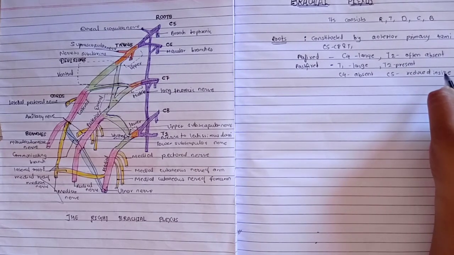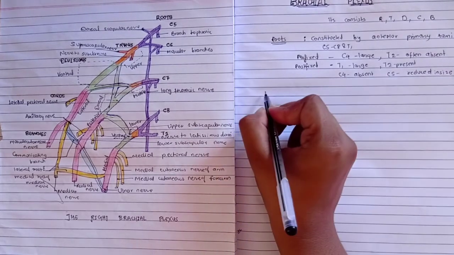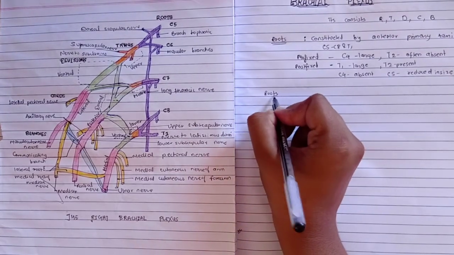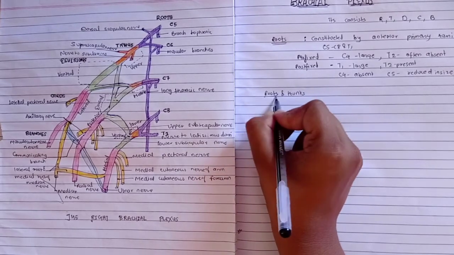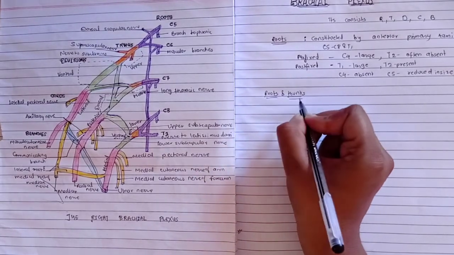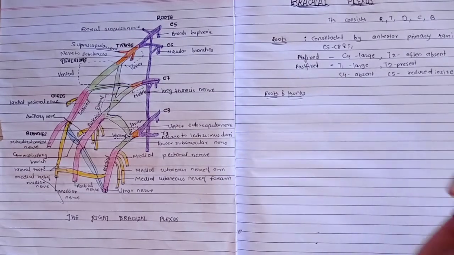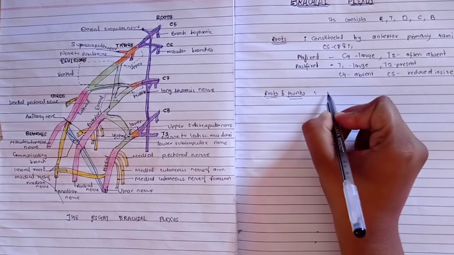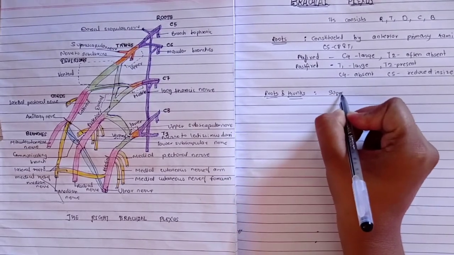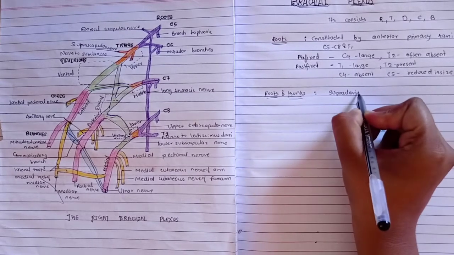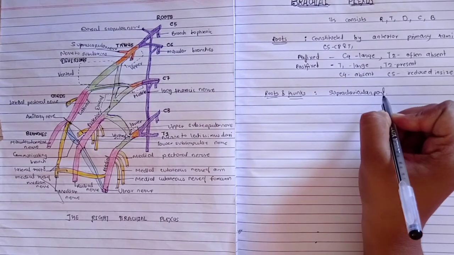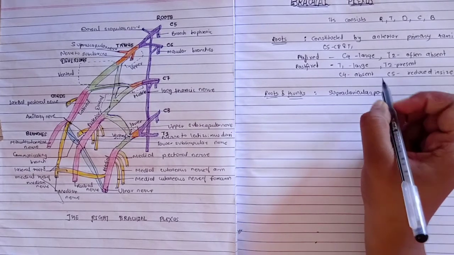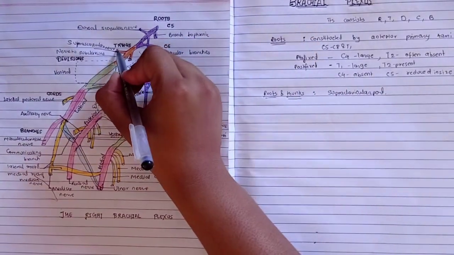Now we will talk about roots and trunks. This is the supraclavicular part. Roots C5 and C6 join to form the upper trunk.